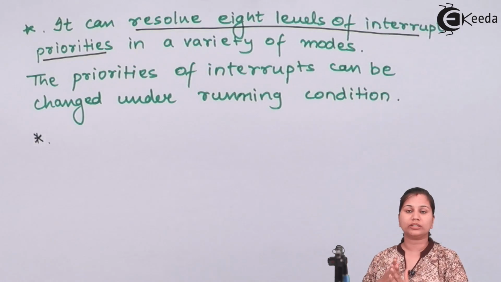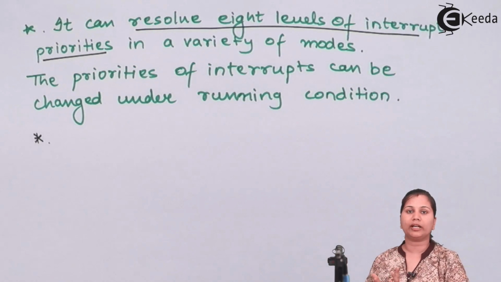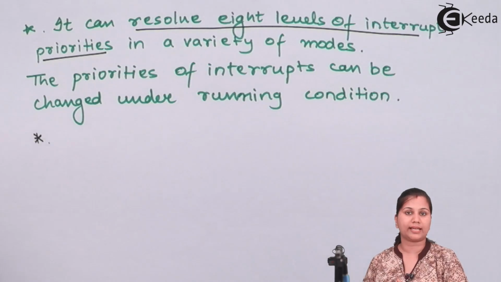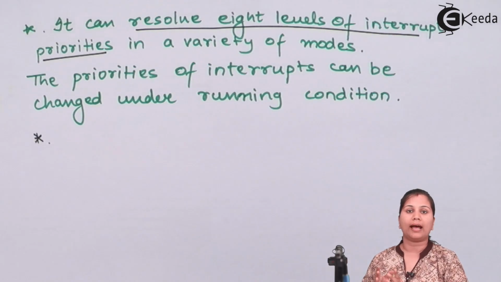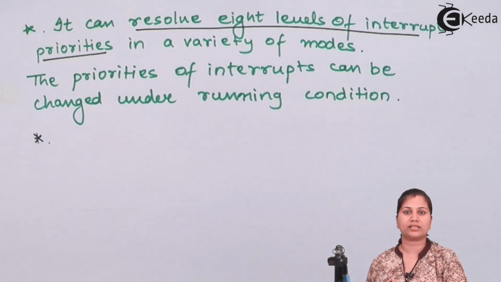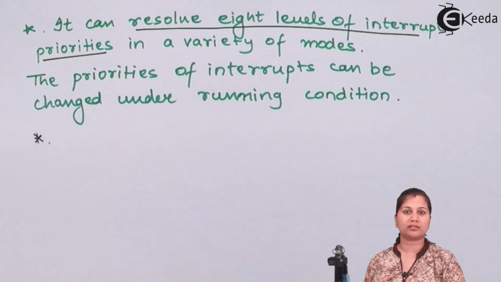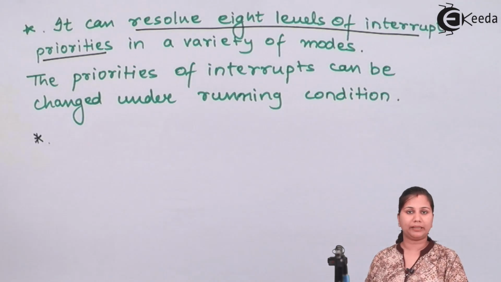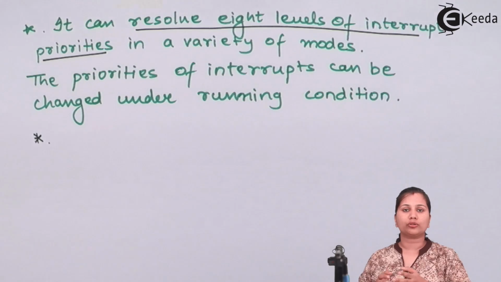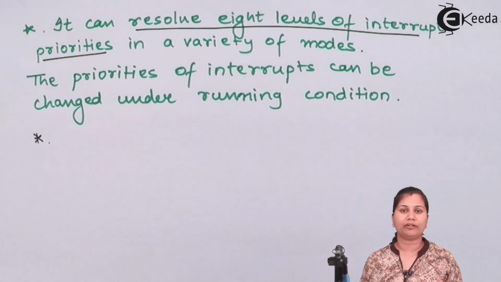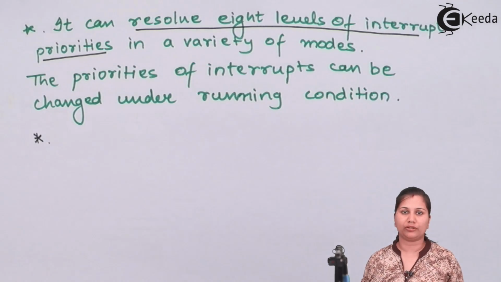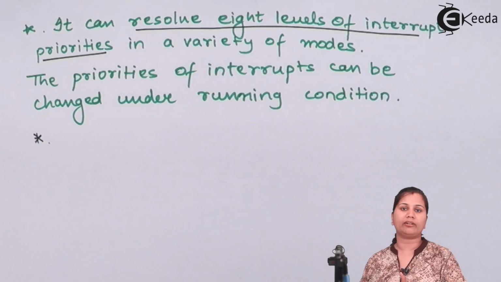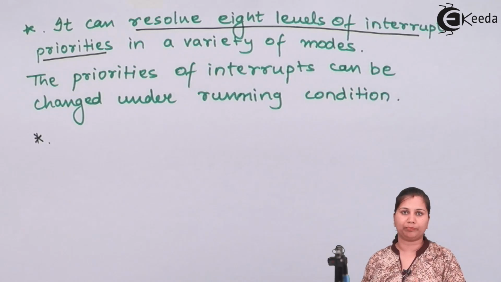This masking and unmasking of the interrupts can be done through this 8259 IC also, and the masking is done individually. It is not interconnected, that if one interrupt is masked, then another interrupt is also masked. The masking and unmasking of interrupts is independent of each other, and every interrupt can be masked individually.